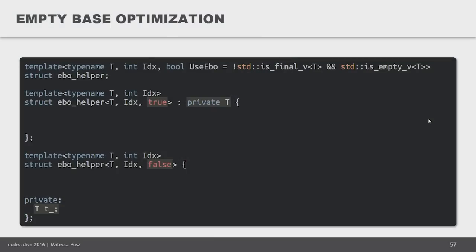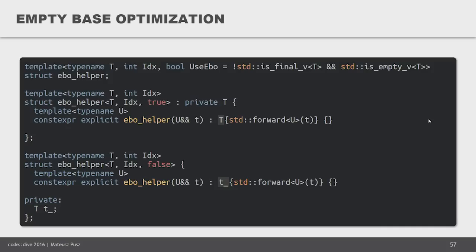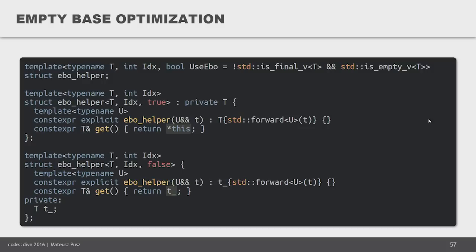So if it's empty, then we want to have it of size 0, not size at least 1, like mandated by the standard. We have two specializations for this, a specialization for true and a specialization for false. Specialization for true just inherits from the type T privately, and for the false we have the member of type T. It constructs from the constructor the types accordingly, and gets either the pointer to our structure or the pointer to the member in the getter.